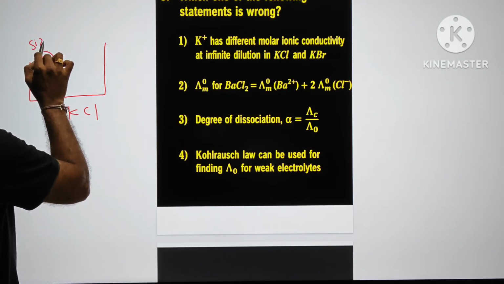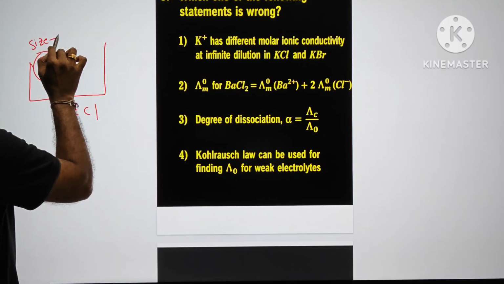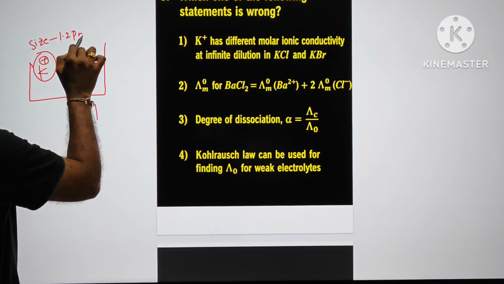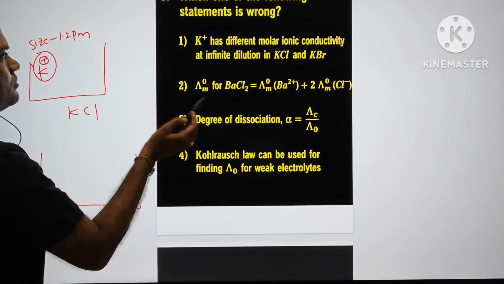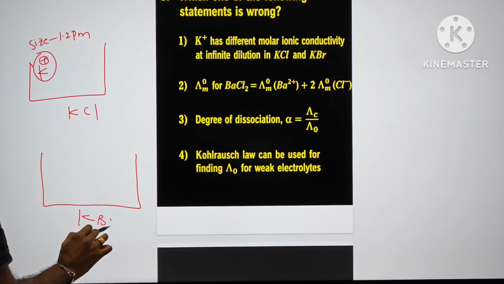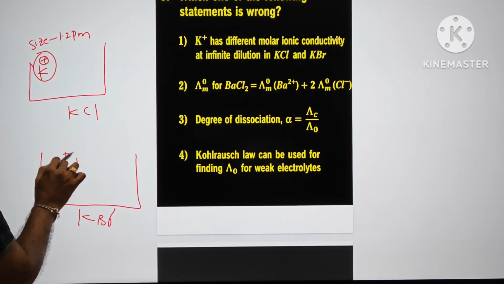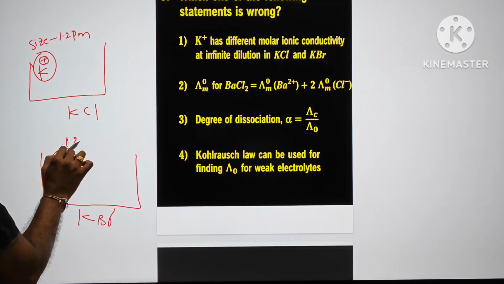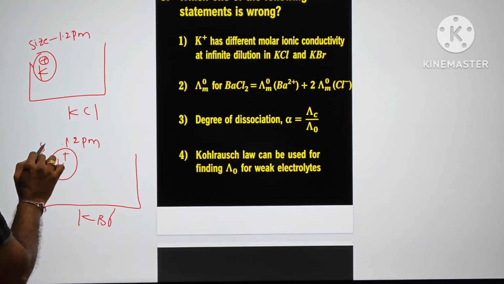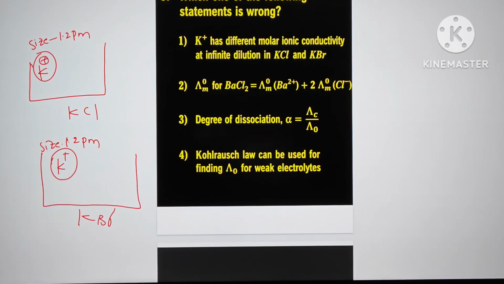Let us consider potassium's size is some 1.2 picometer. Take another solution, KBr solution. In this, the potassium size is 1.2 picometer. Irrespective of the type of salt, what is the size of the potassium?